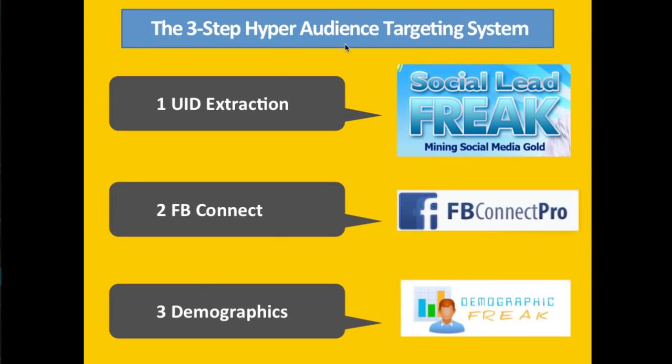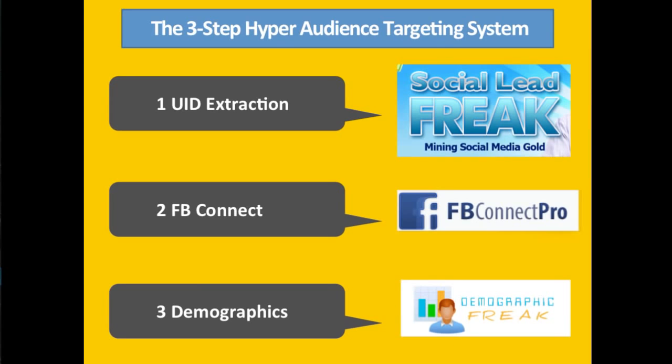And under this system, you can see that Social Lead Freak is just step 1. We now give you the ability to do step 2 and also step 3. Now one more thing that I have to mention is that all of these data that you collect via Facebook Connect, right?